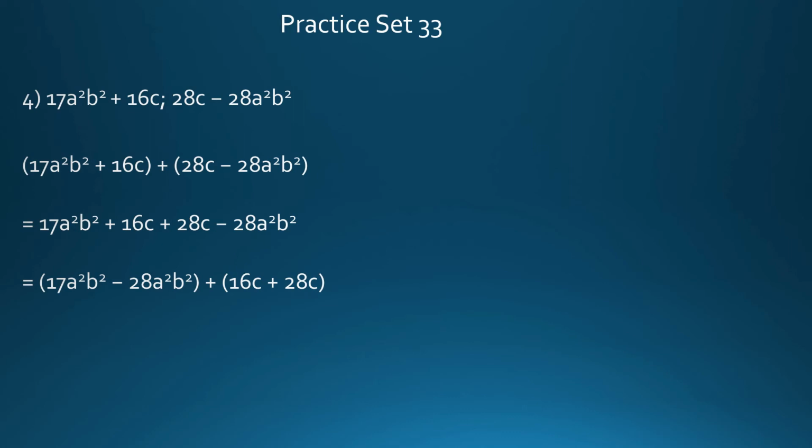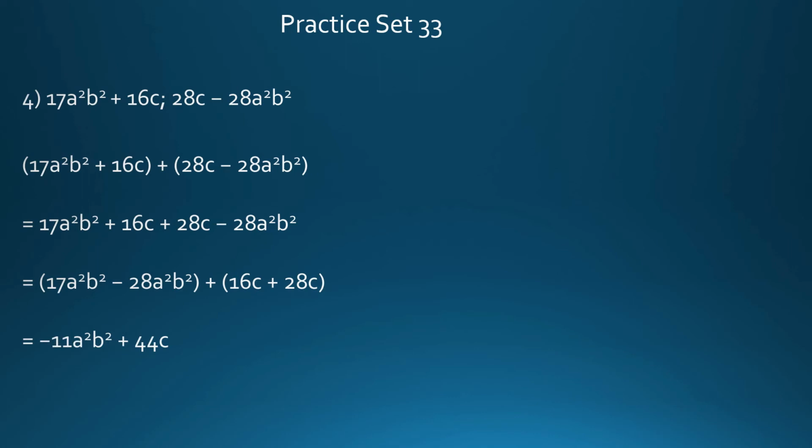Once again, I am telling you what we mean by like terms. Like terms are the terms which have equal variables. So here a square b square is equal for 17 and 28, and c is the variable which is common for both 16 and 28.